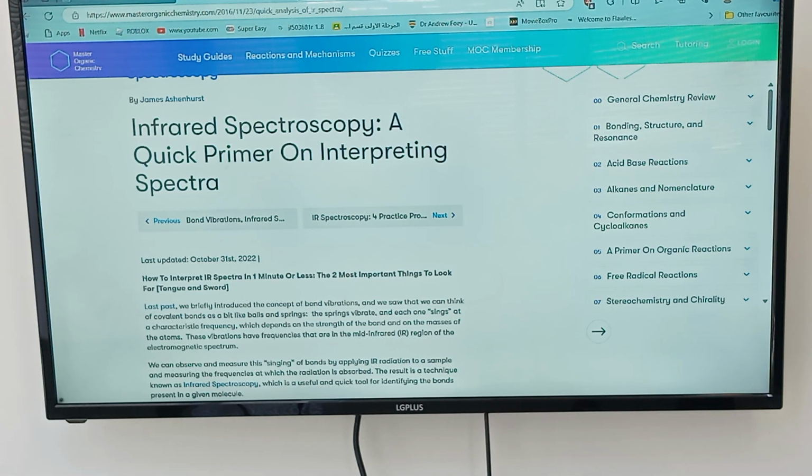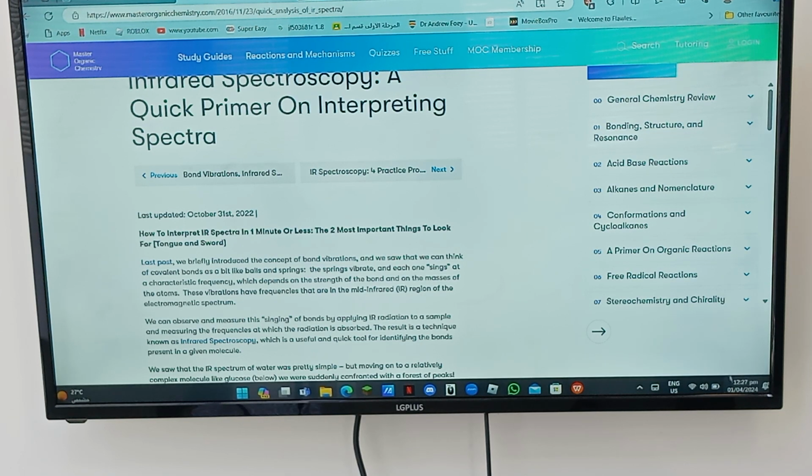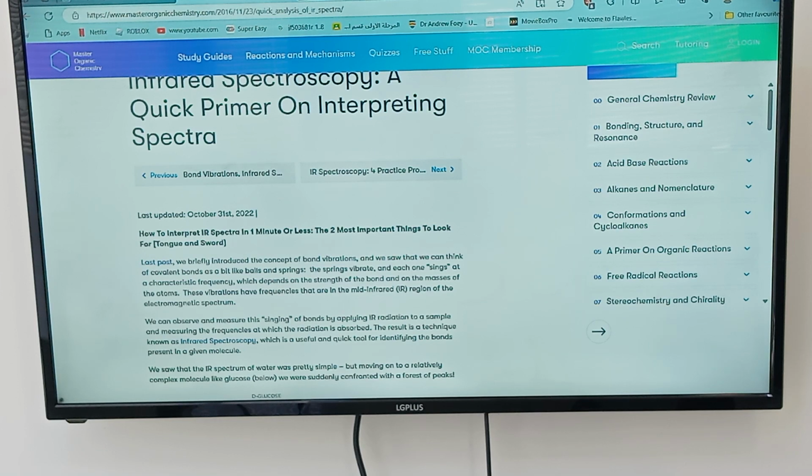The two most important things to look for are tongue and sword. Last post, we briefly introduced the concept of bond vibration, so that we can think of covalent bonds as a bit like balls and spring. The spring vibrates.